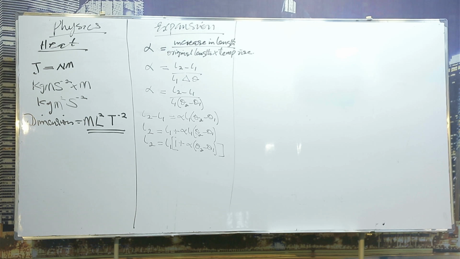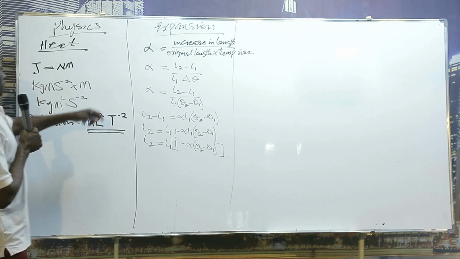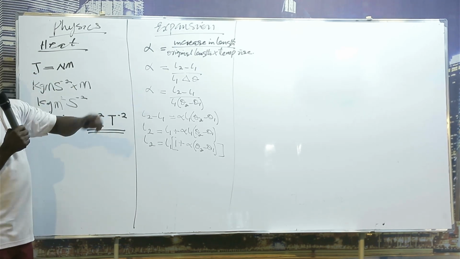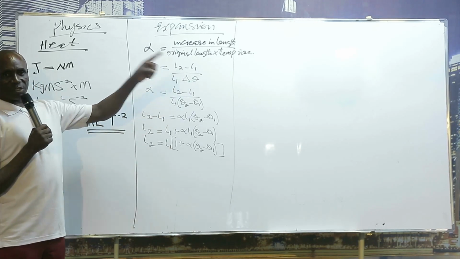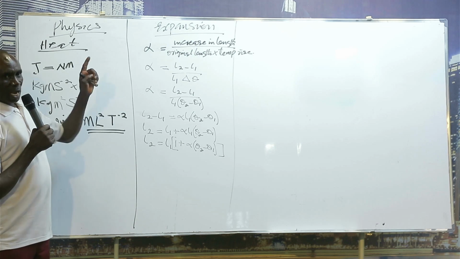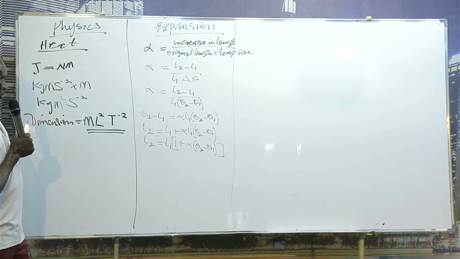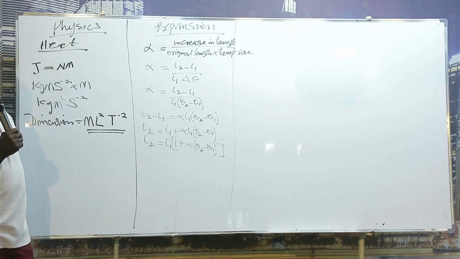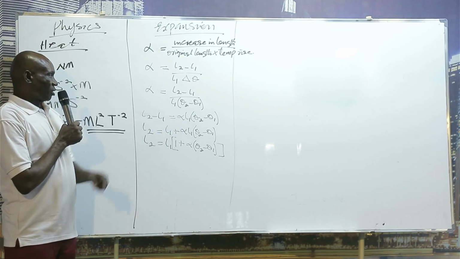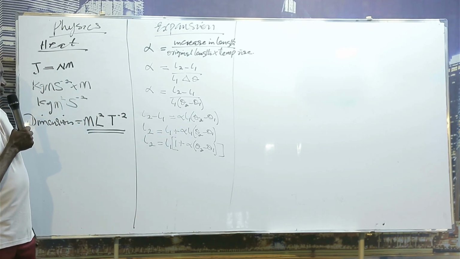So that's exactly for the linear. This alpha, I call the linear expansivity. L2 is the final length, L1 is the original length, theta 2 is the final temperature, and theta 1 is the original temperature.